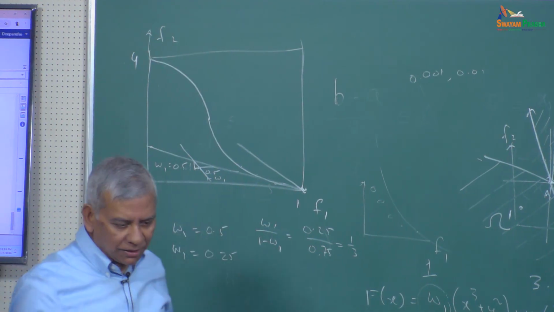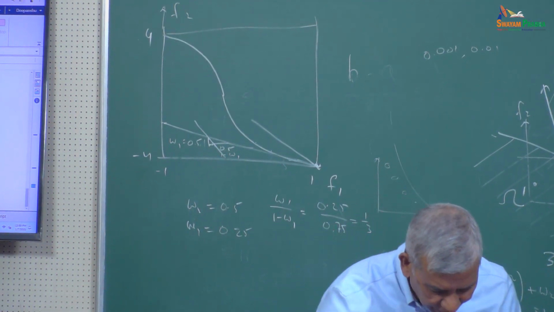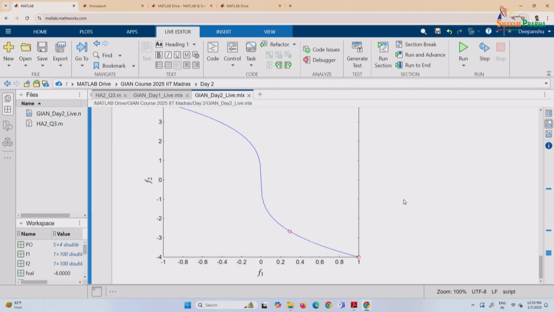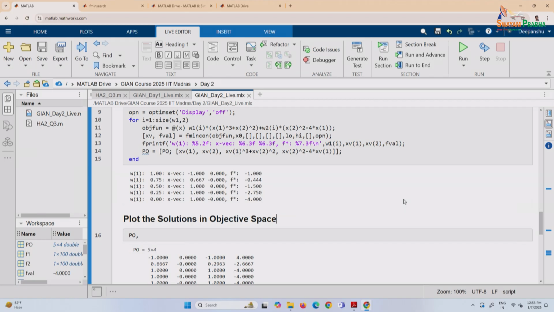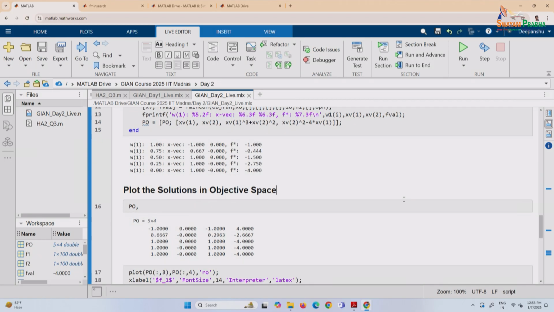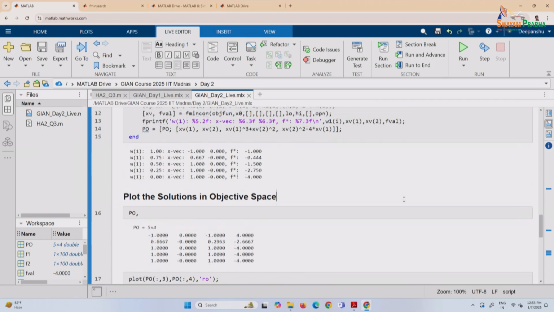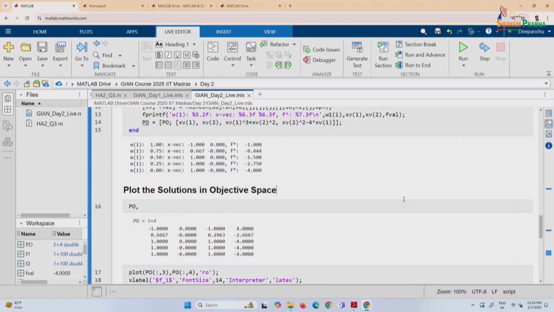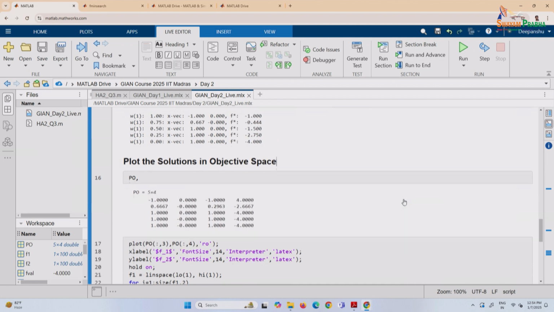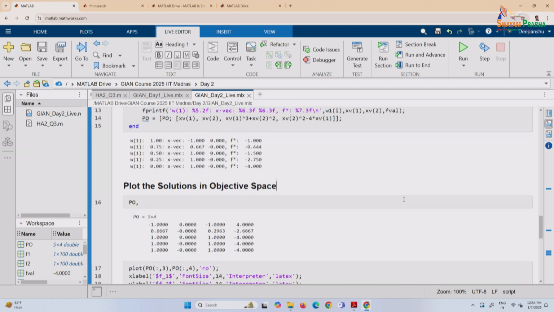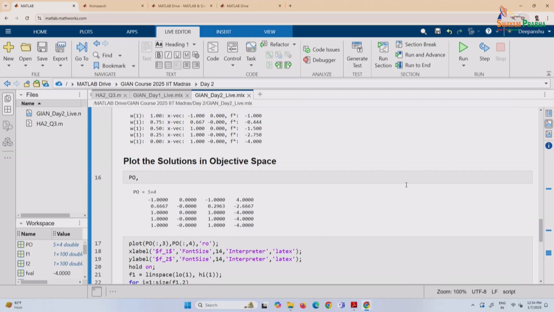I thought it should be the other way around. W1 given me, 1 second. W1, first one is 1. Yeah. The fourth one is 0.25. Yeah. So, 0.25 by 0.75, 1/3. So W1, oh no, I did the wrong way.